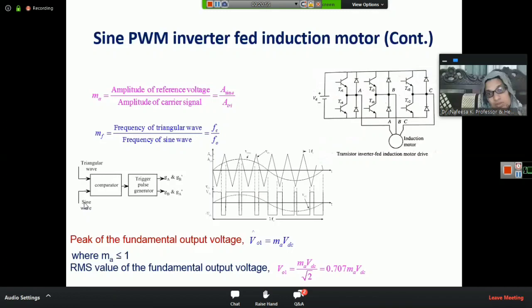We will show with these waveforms how this control works. Here we can have two waveforms: the first wave is a high frequency carrier wave, and the other is a sinusoidal waveform, that is our control wave.